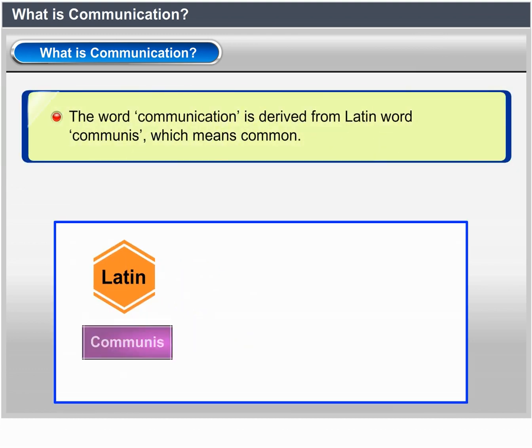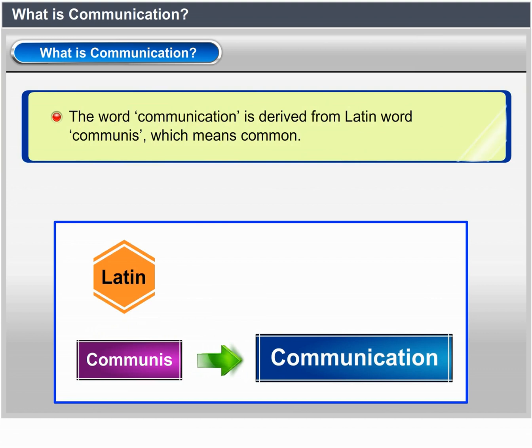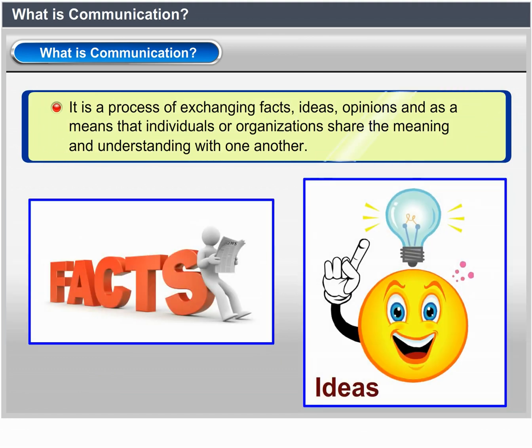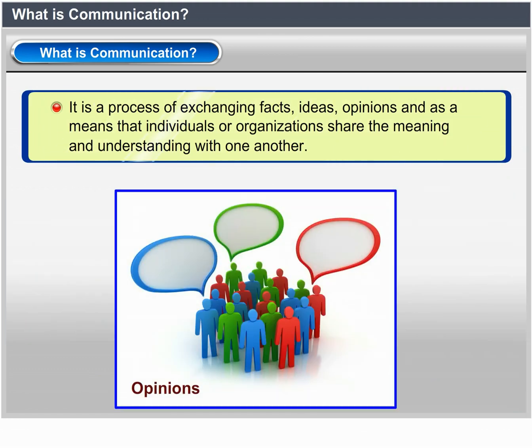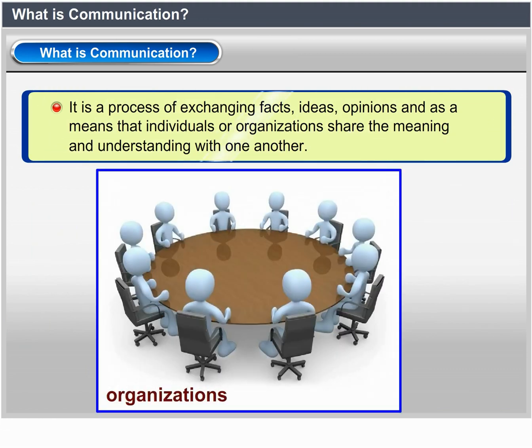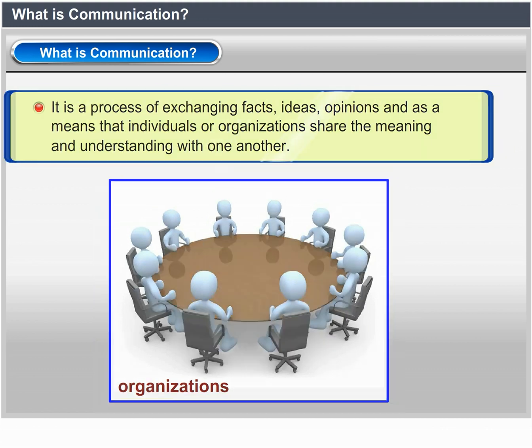The word communication is derived from the Latin word communis, which means common. It is a process of exchange of facts, ideas, opinions, and a means by which individuals or organizations share meaning and understanding with one another.